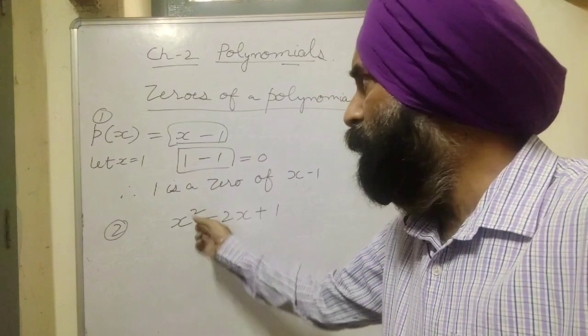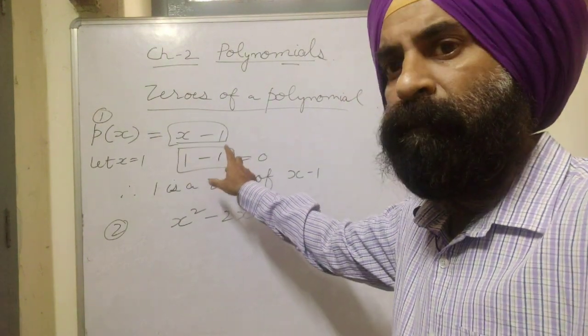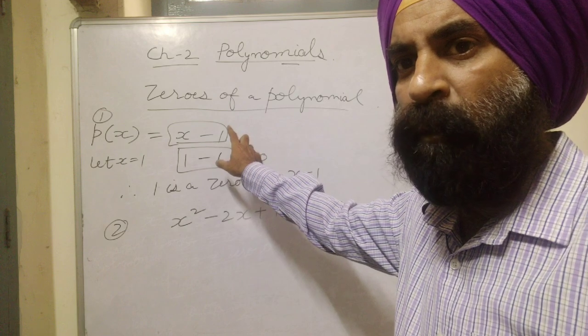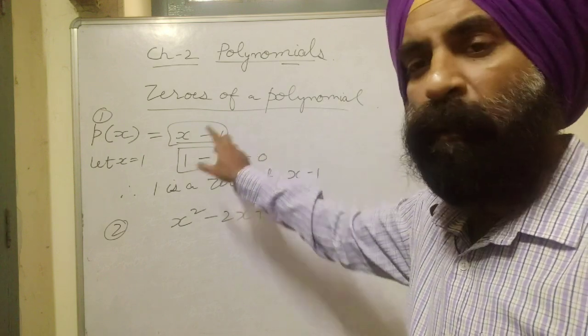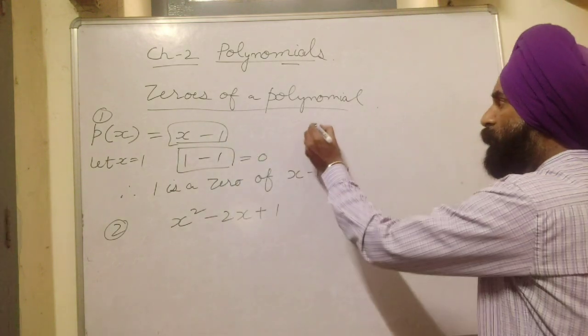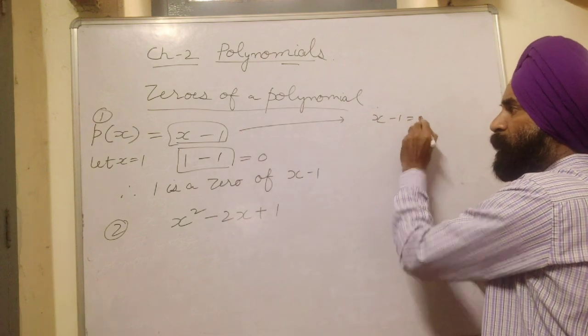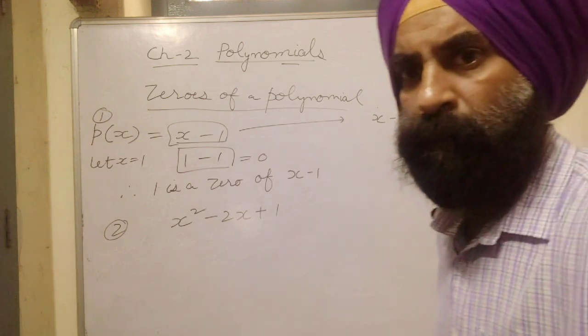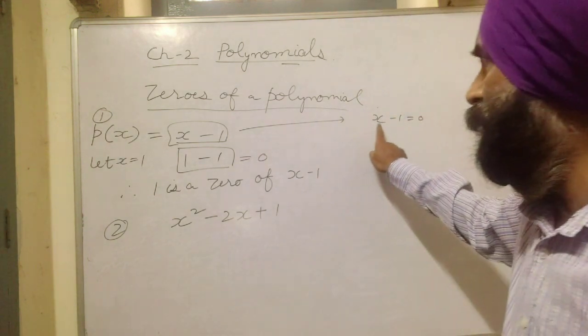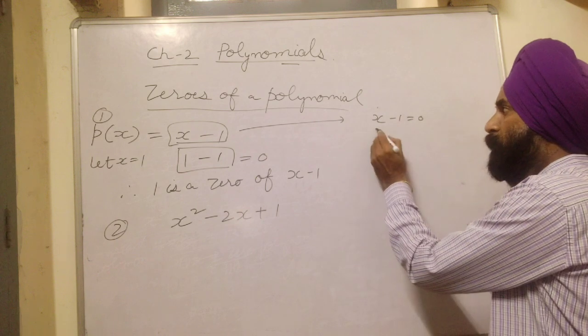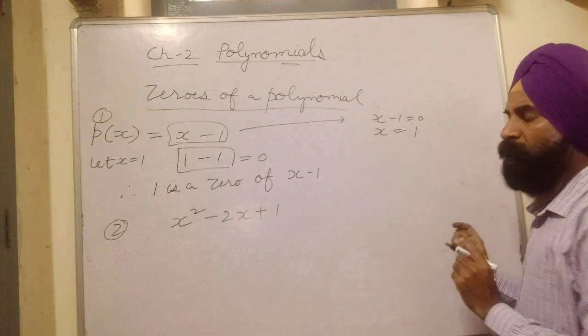First of all, if you want to find the zero of x minus 1, what can we do? We can put this polynomial equal to 0 directly. If I put x minus 1 equal to 0, I transpose minus 1 to the other side, it will be plus 1.